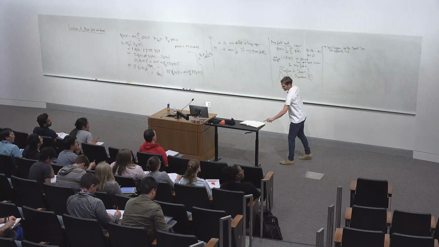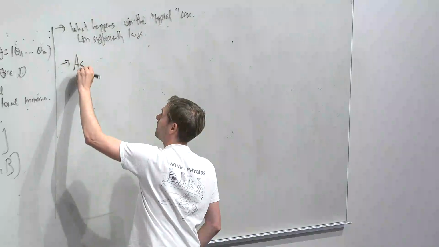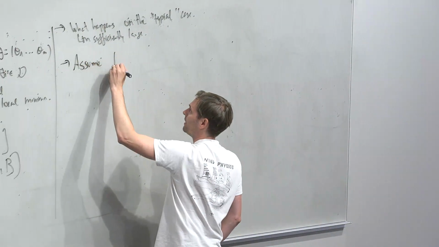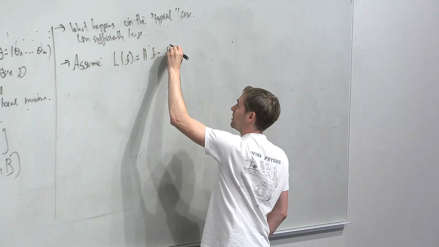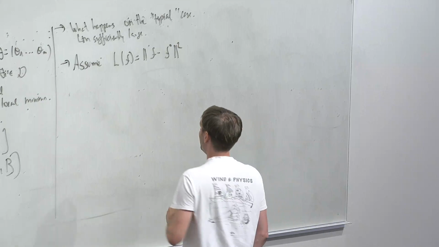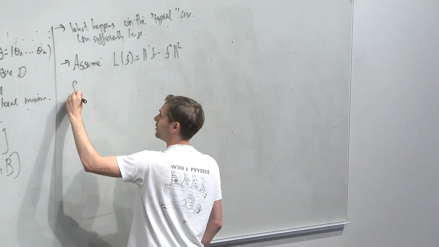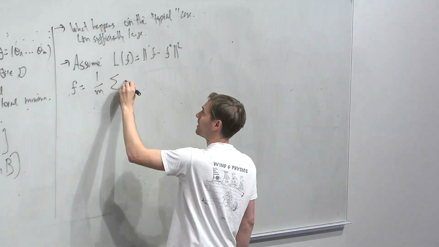So let's start simple. Let's assume, again, a quadratic loss. This is our favorite loss. And now let's use the fact that in our case, f is just an average, an average of functions.